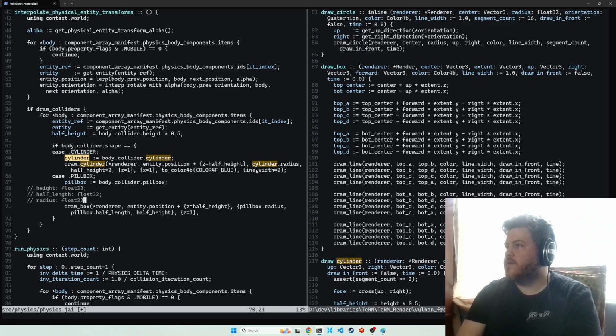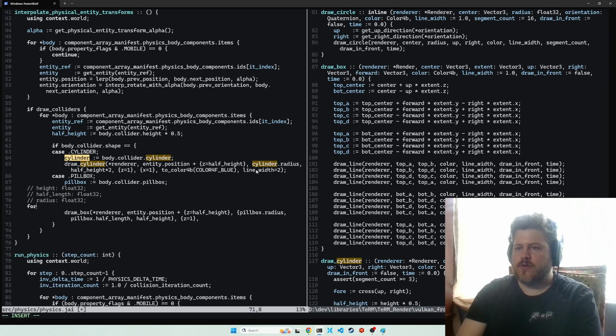I do need the forward and right vector. So the forward vector is going to be get forward direction of entity orientation.